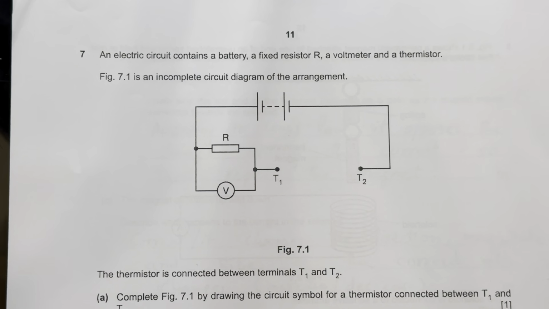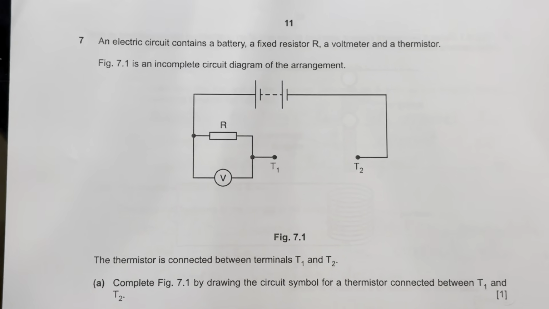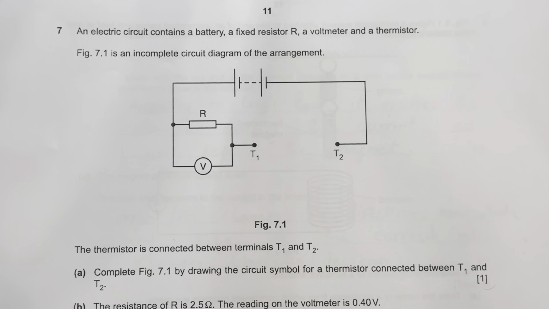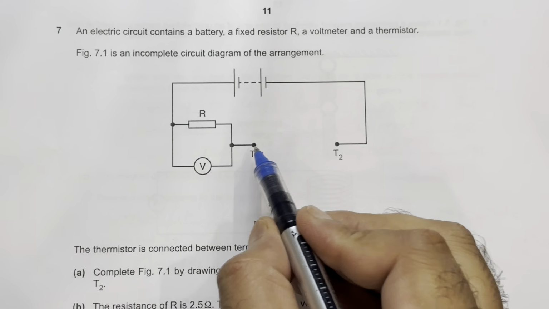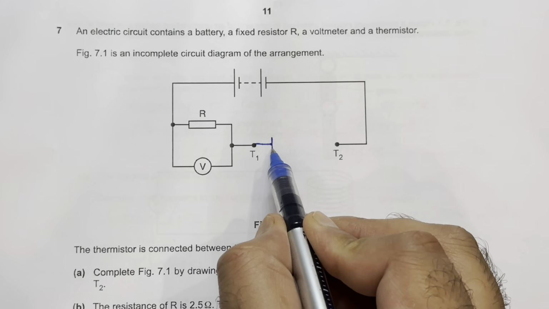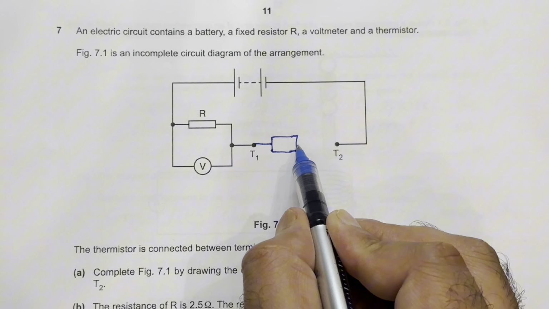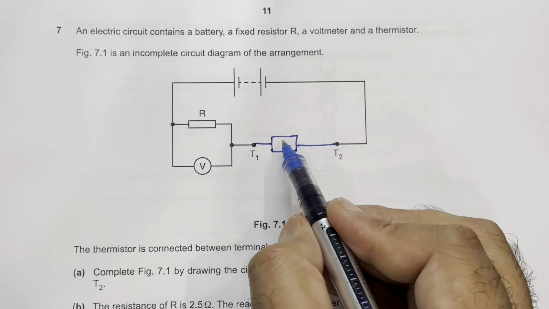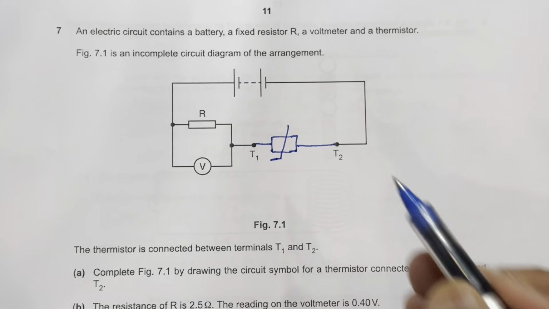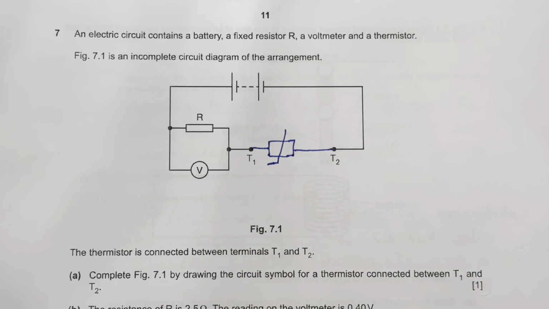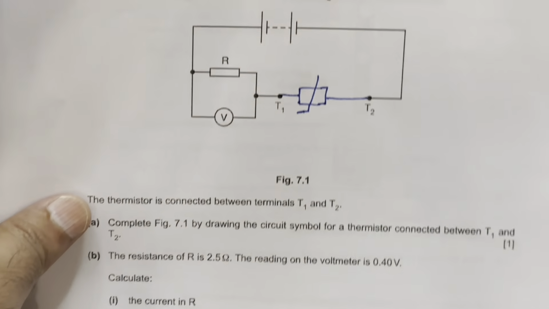Complete figure 7.1 by drawing the circuit symbol for thermistor connected between T1 and T2. So we have to complete the diagram. So this is the diagram we have connected between T1 and T2.